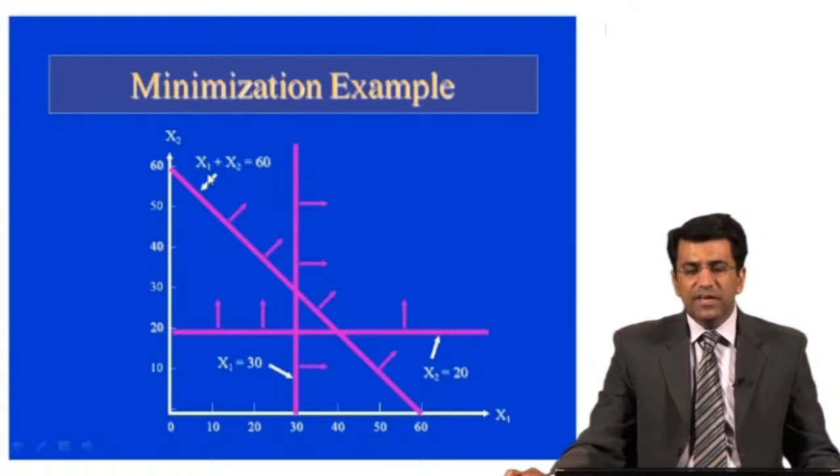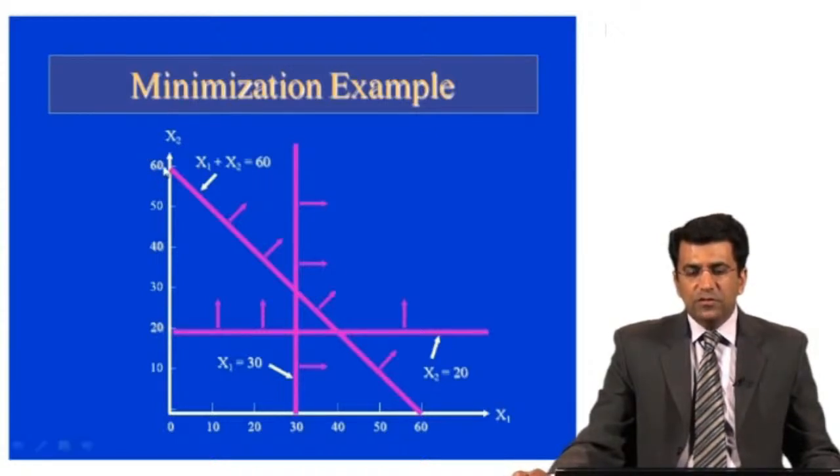So in this case, because the equation is x1 plus x2 is equal to 60, the points will be (0, 60) and (60, 0). This is the point 60, 0, that is the x-axis value is 60 and the y-axis value is 0, and this is the point 0, 60, where the x coordinate is 0 and the y coordinate is 60.